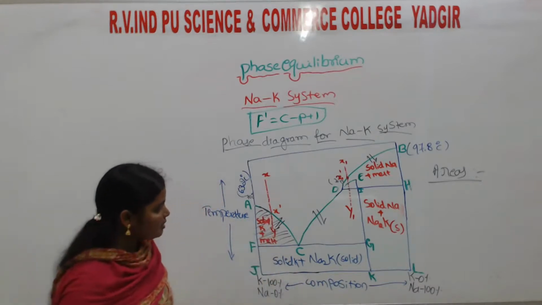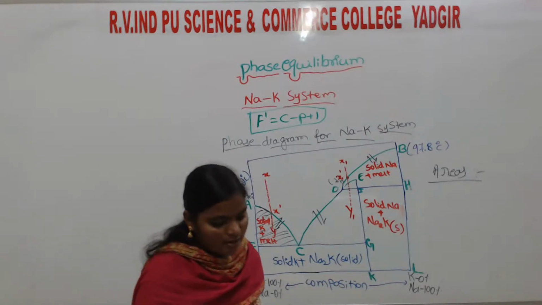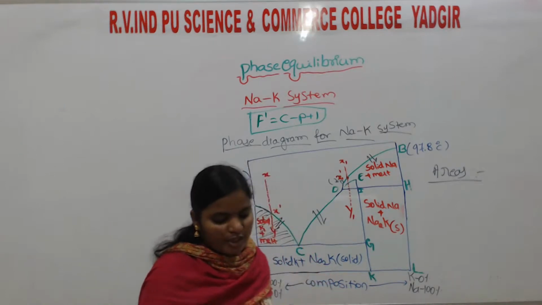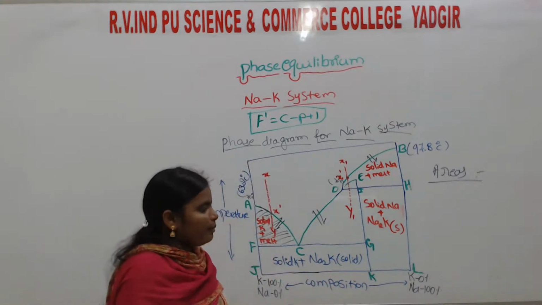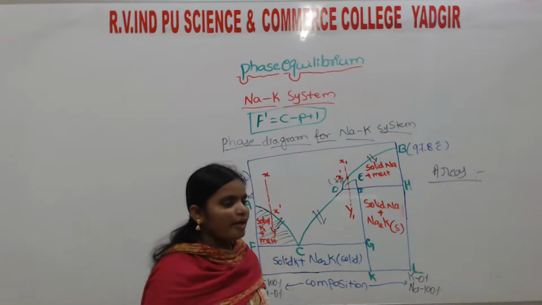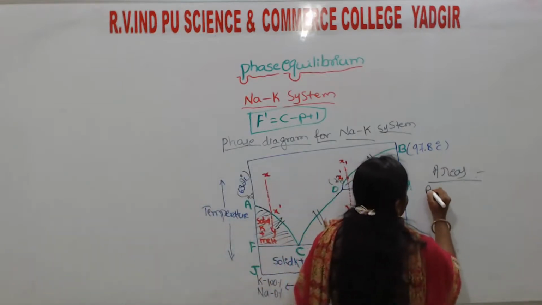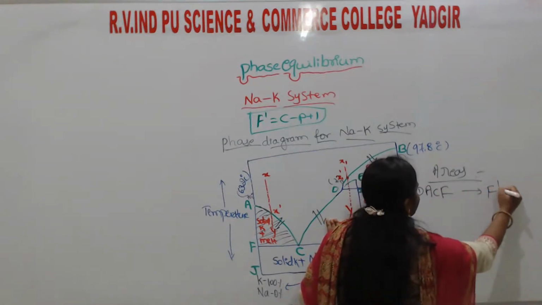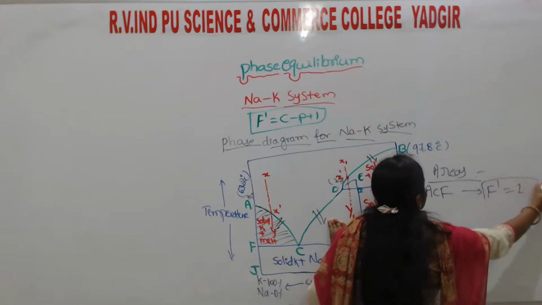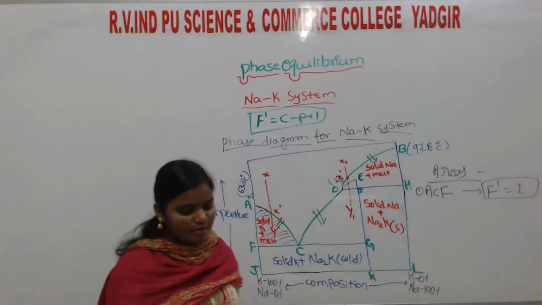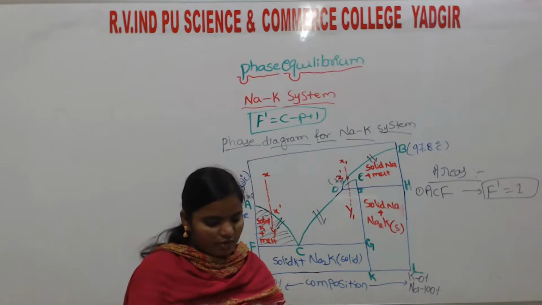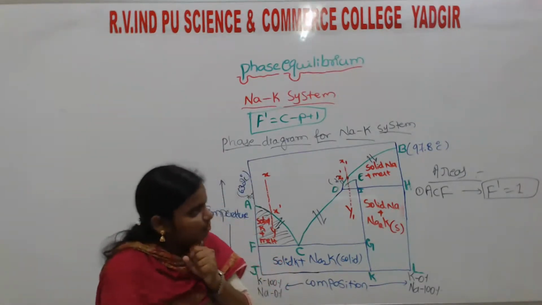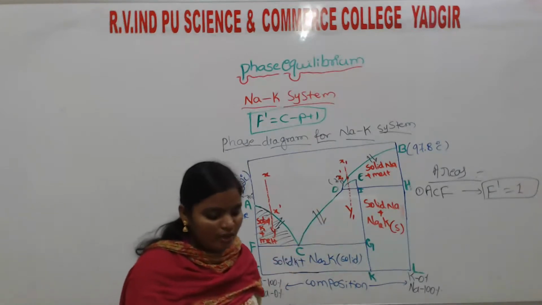In area ACF, solid K plus melt are present. Here two phases are present, solid K and melt. According to ACF, here the degree of freedom F dash is equal to 1. Okay, this is univariant in nature. The system is univariant. This area is univariant.